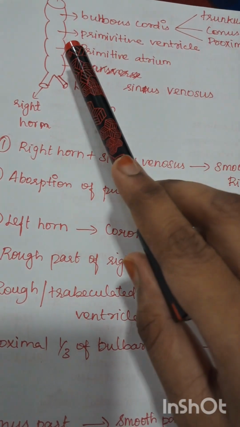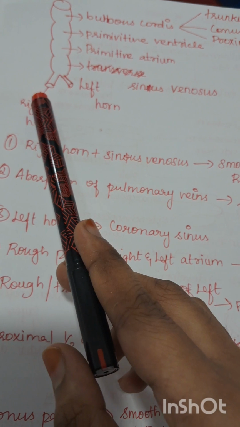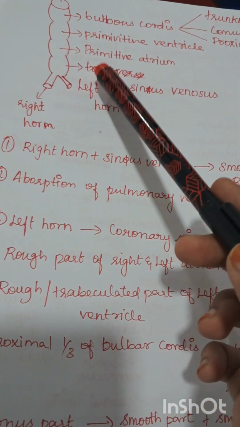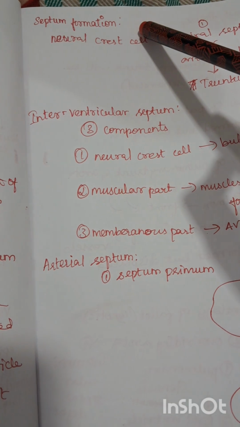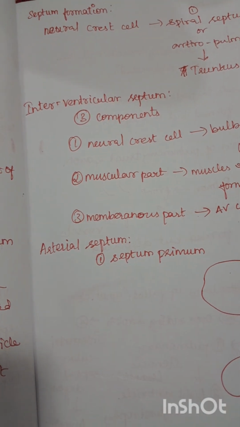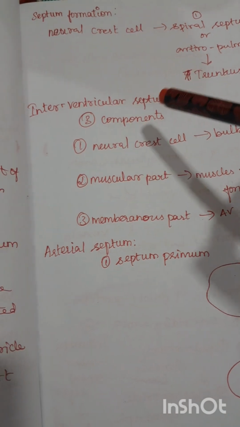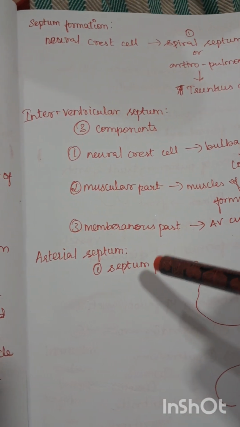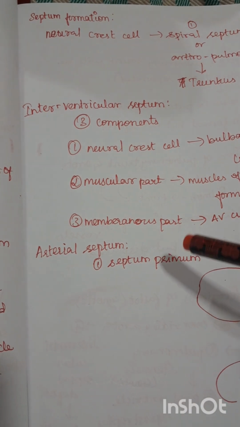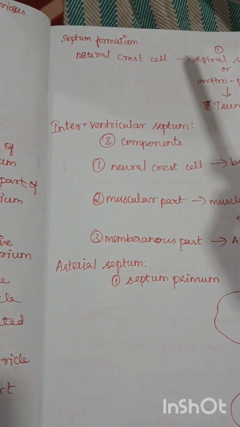But the ventricles and atria are not yet divided into right and left, so we have to see the septum formation. The septum between the two ventricles is the interventricular septum, and the atrial septum is between the atria. So first we are going to see the septum formation.